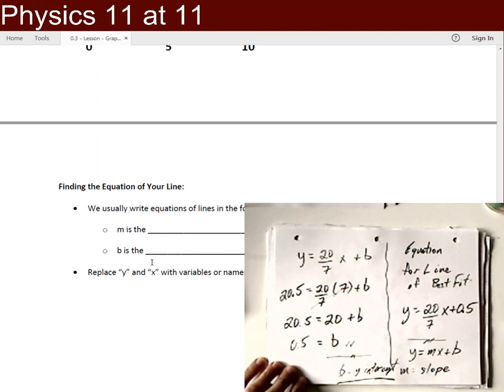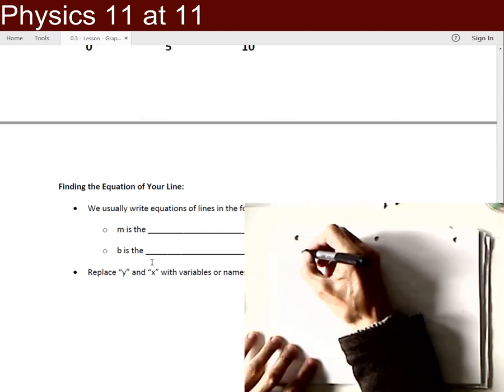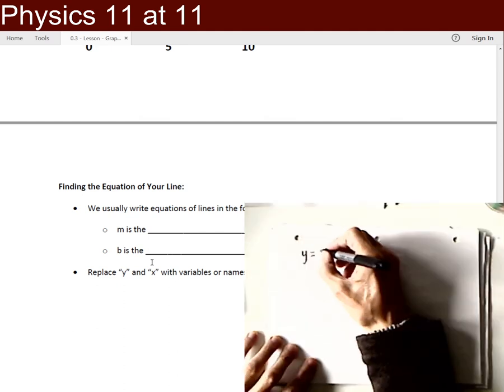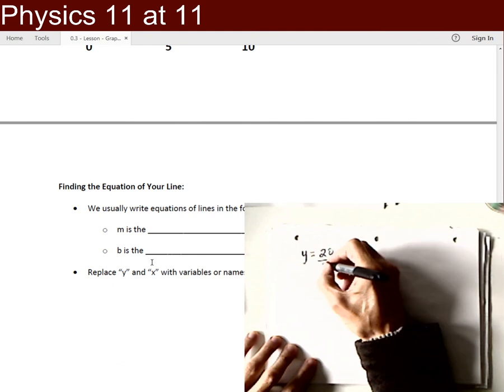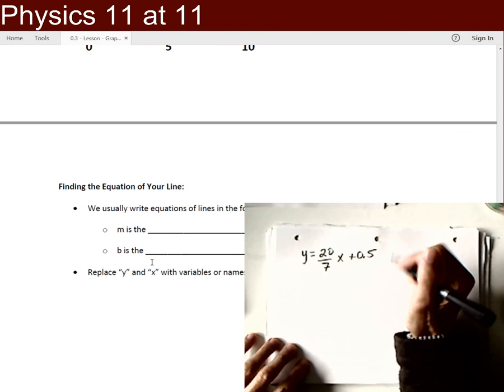Okay, so we have to replace the variables x and y with something more descriptive. Well, if we go take a look at the graph, there wasn't anything there. So it's up to us to put a title, because that's missing.